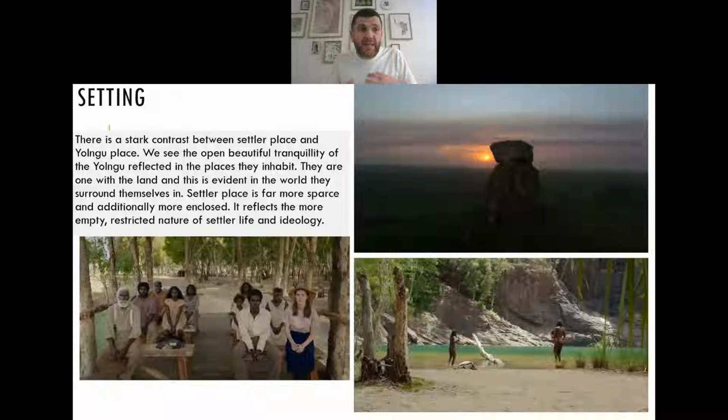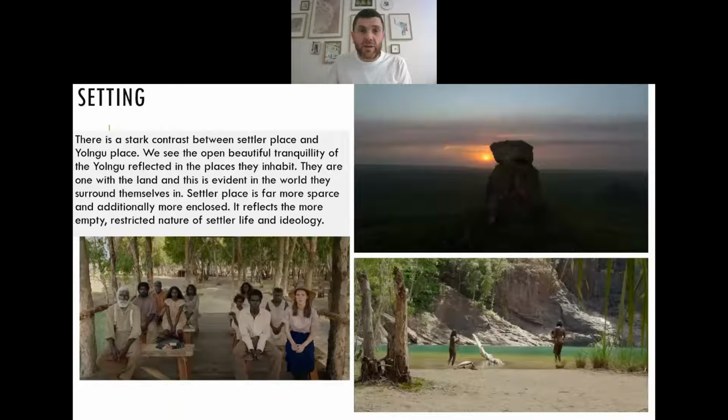And it reflects the empty, restricted nature of settler life and ideology, whereas the Yolngu indigenous places are often reflective of that freedom, reflective of that wild and beautiful nature that they have, or at least they're depicted as having within the film.